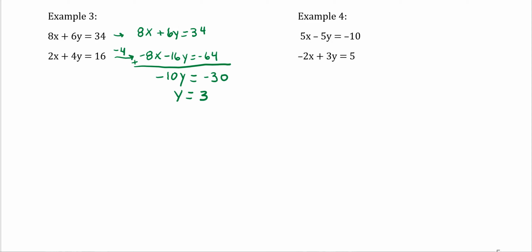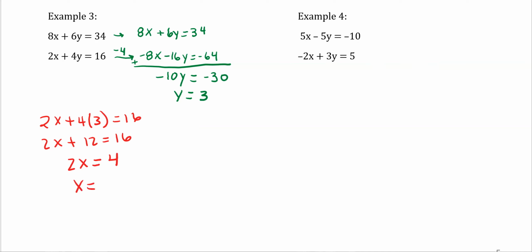I'm going to choose the second one just because it has smaller numbers. And subtract 12 from both sides. And divide both sides by 2. So we know that x is equal to 2 and y is equal to 3.